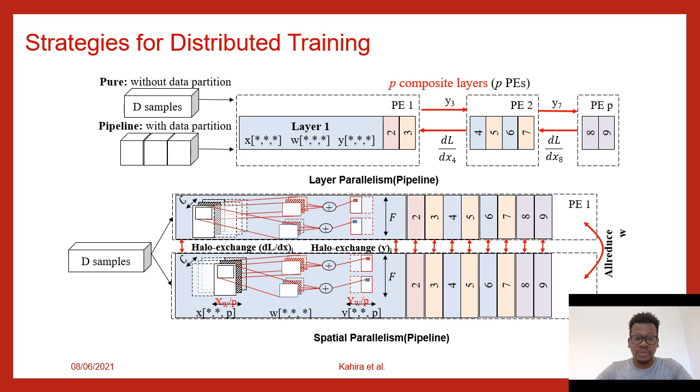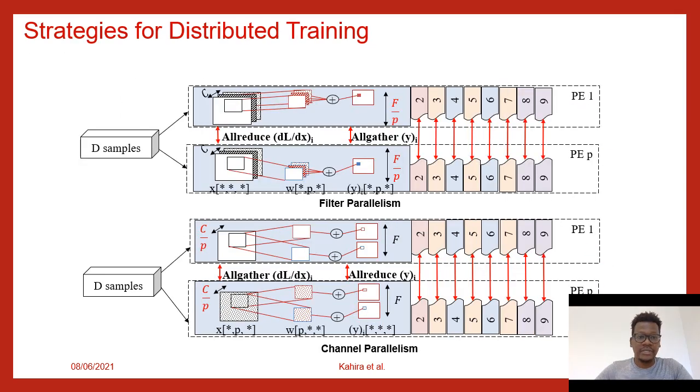For the case of spatial parallelism, we specifically split along either the height, width, or depth. And for the case of filter parallelism, we split along the filters, and for channel, we split along the channels.